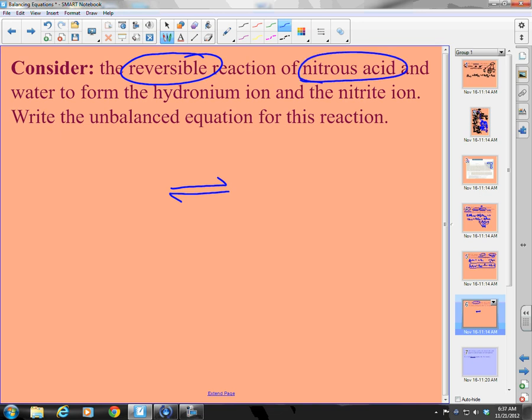Nitrous acid. Oh, nitrous acid, ous. That means it comes from what? Nitrite. Ite means ous. So that means I have H, nitrite is NO2. My acids are always aqueous when they're called acids.